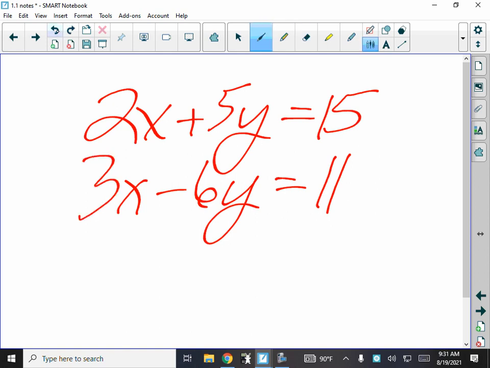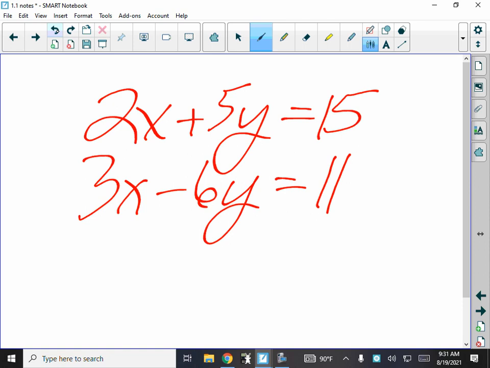Neither of these equations can be simplified; I can't factor anything out of the top equation, and I can't factor out of the bottom one. I had to be careful when writing this bottom equation to make this 11 and not 12, because some people would ask, can't you factor out a 3? So I made it 11 because 11 is prime. So what would my wise choice be? My wise choice would be to do elimination.